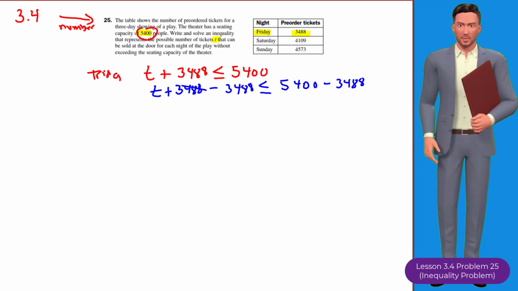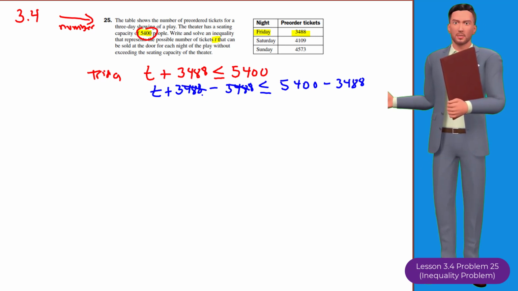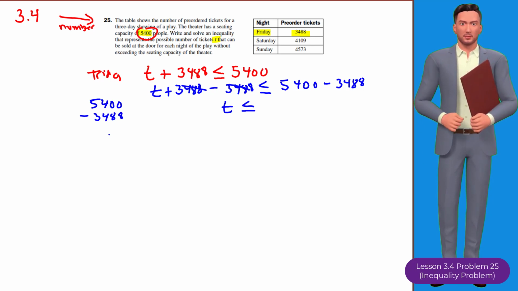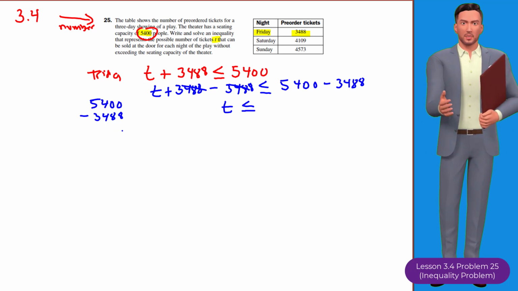So over on the left, these cancel out because that is equal to 0. That means that T has to be less than or equal to 5,400 minus 3,488. So that is our inequality.